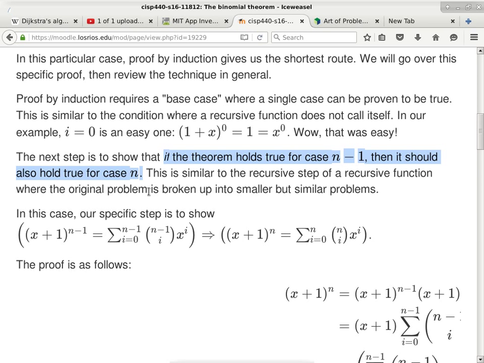Then we look at the induction step. The induction step is a conditional, an implication, and we have to prove it.